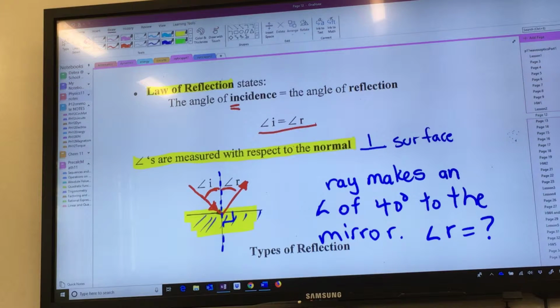But this one is saying, I'm giving you this is 40. Be careful when they don't say it's the angle of incidence, it's the angle to the mirror, that's 40. So that would mean this is 50, which means this is 50. So the questions are not meant to be tricky, but you have to be careful. Are they giving you the actual angle of incidence? What's the reflected angle? The same. Or are they giving you the angle with the mirror?